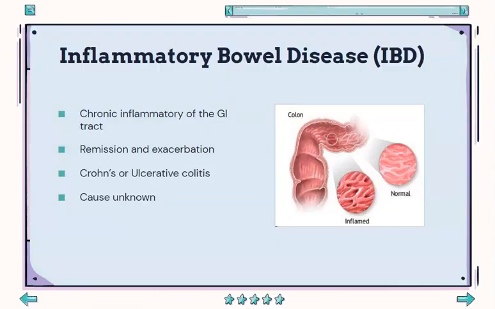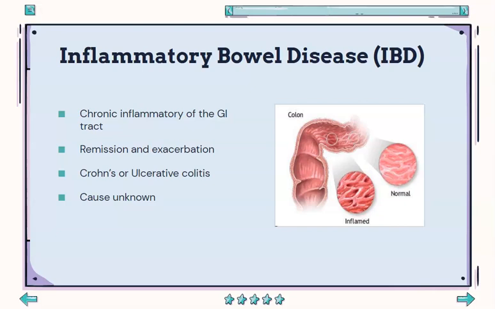Moving on to inflammatory bowel disease. So this is a little bit different than irritable bowel syndrome. This is actually a disease process that we can tie to the bowel habits that are going on. As you can see by the image on the screen, we have an inflamed section of tissue, and then we have a normal section of tissue, and the normal section is just a little bit more dilated.